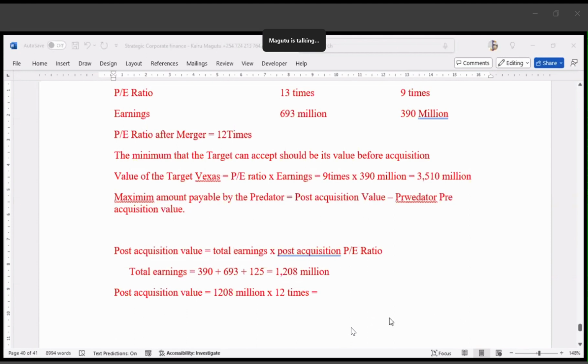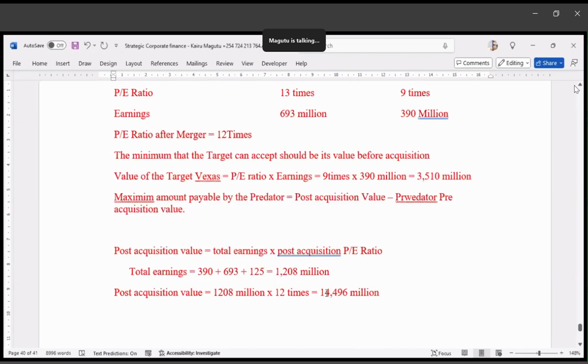Is it 14,496 or 14,4496? Let me assume that 14,496 is the correct one. 14,496 million. That is post-acquisition.